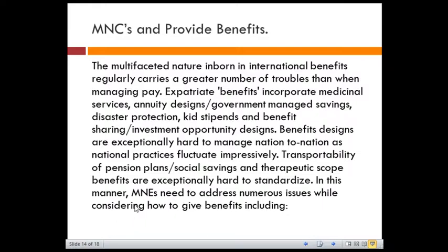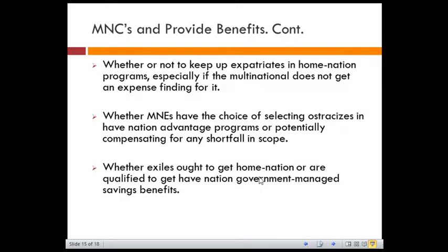In this manner, you have MNEs which need to address numerous issues while considering how to give the benefits, and these include whether or not to keep the expats in the home nation programs, especially if the multinational doesn't get an expense deduction for it.